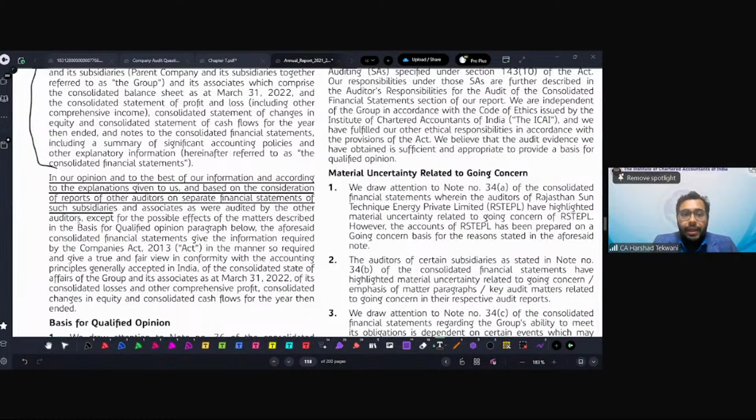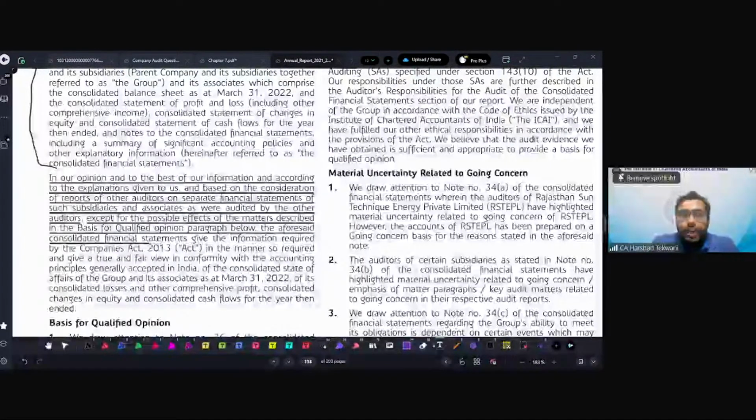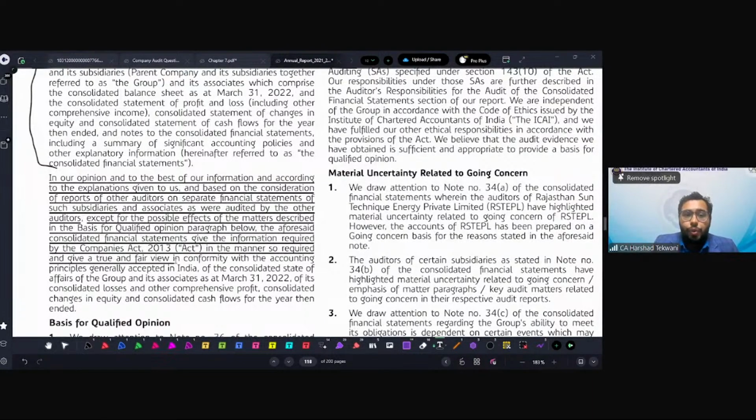And from here, except for the possible effects of the matter described in the Basis for Qualified Opinion paragraph below, the aforesaid consolidated financial statements give the information required by the Act in the manner required and give a true and fair view.